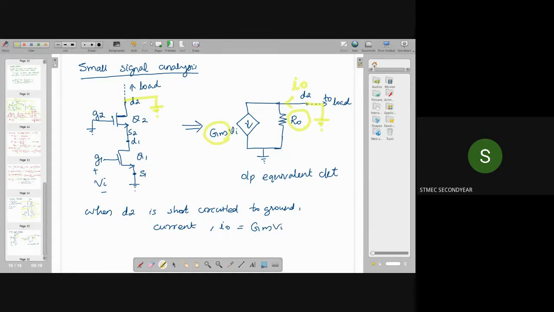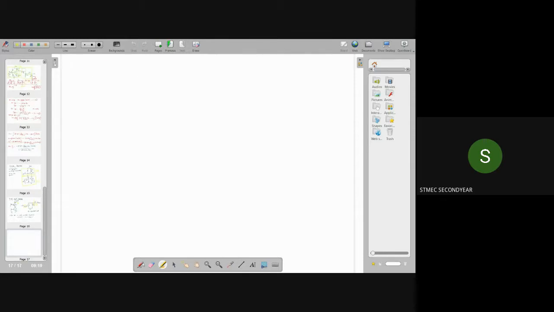Now, consider that case. This is our gate 2, this is our gate 1, and here you will have source 2, and this is drain 2, this is drain 1, this is source 1.